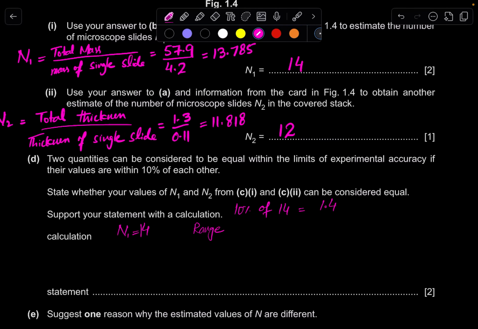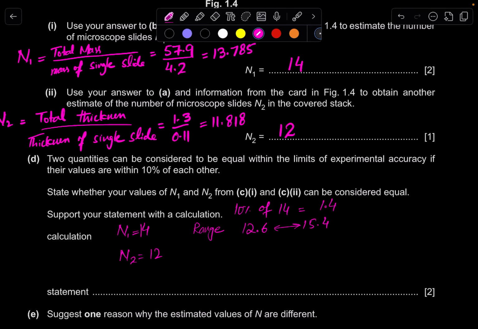Okay, so this value range will be from, minimum value can be 12.6 and maximum value can be 15.4.